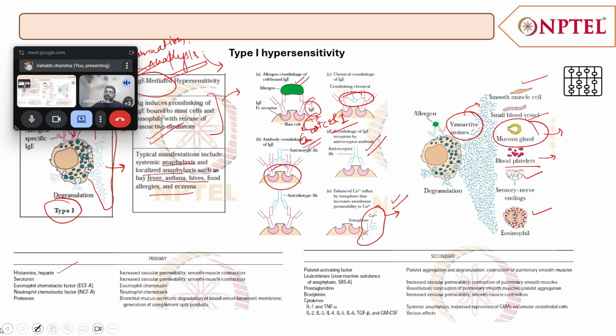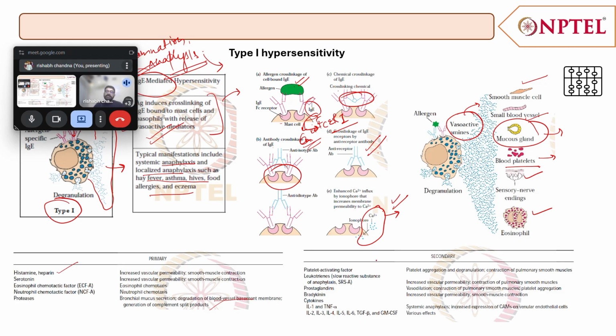Then we have certain proteases that help in degradation of the blood vessel basement membrane, generation of complement split products, and bronchial mucus secretion. Okay, so it increases the mucus secretion from the bronchus.